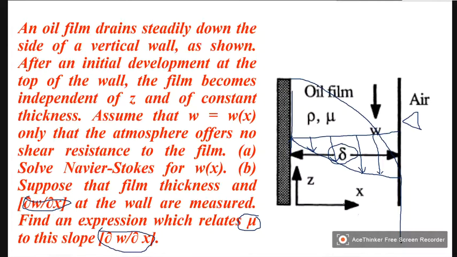That means what you have to get is mu is equal to some function of dou W by dou x, or dW by dx, it doesn't matter, and delta.